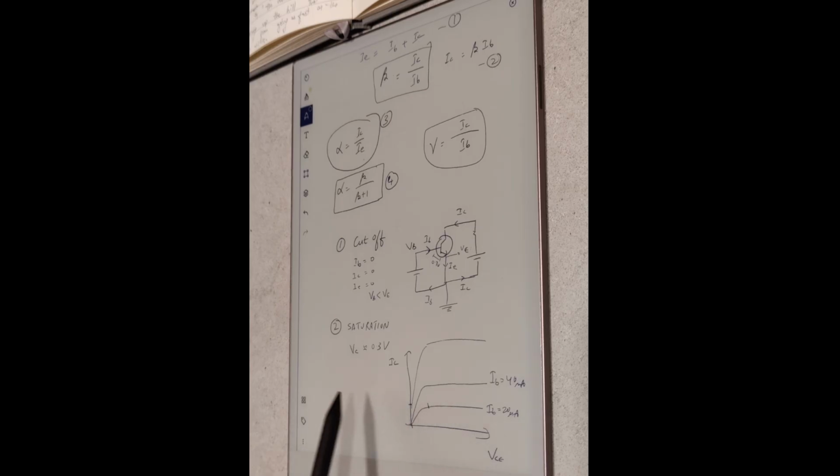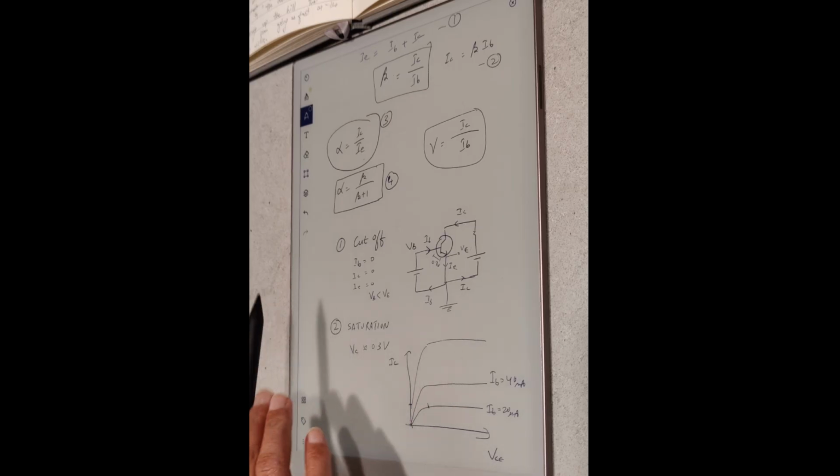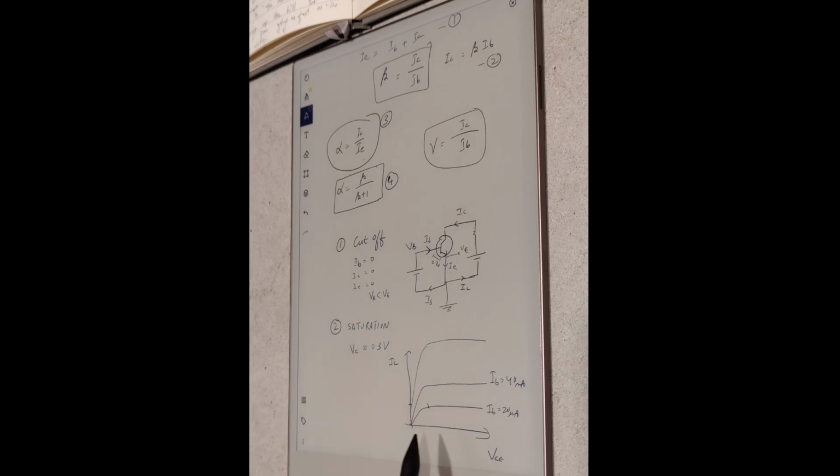So this is what happens at saturation. Now in between these two modes, where you have a cutoff and where you have the saturation, is a linear relationship between IB and IC, and that region is called active mode or active region.